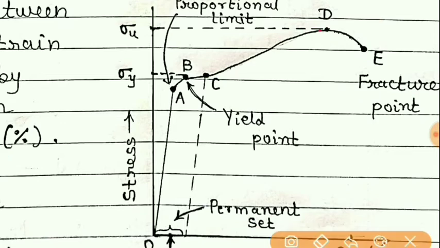Students, this curvature is in the downward direction. Means now no need to increase the stress. Even if you decrease this stress, there will be a change in length, that means increase in the length. And then finally the wire will break. And breaking means it is fracture. So a fracture point is obtained.